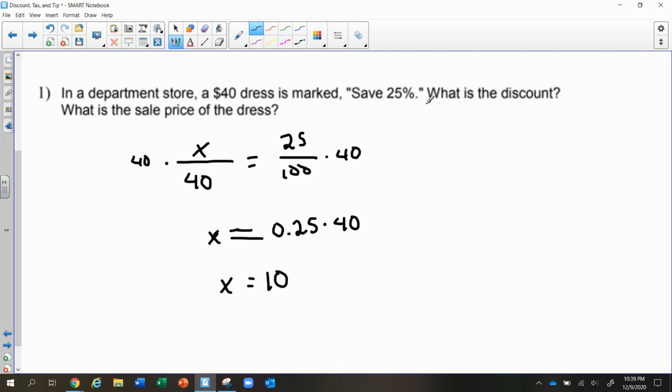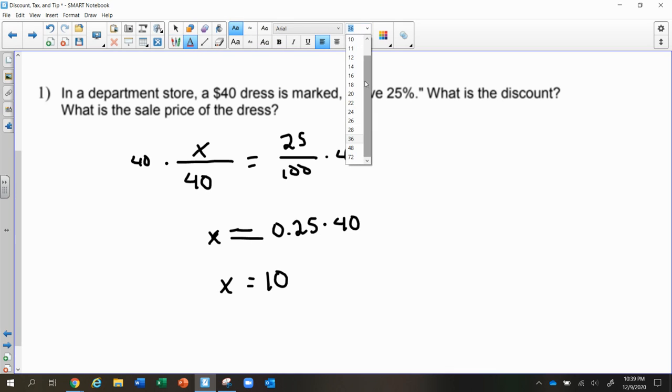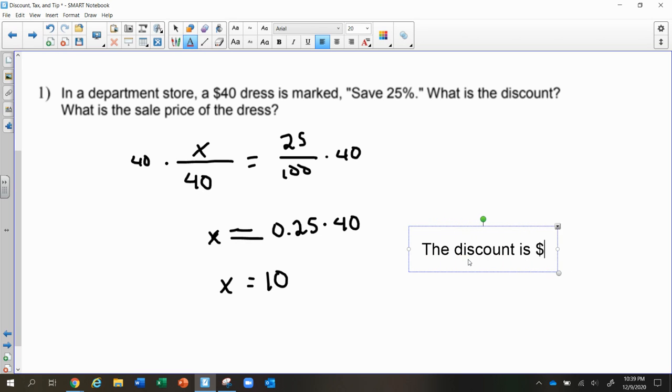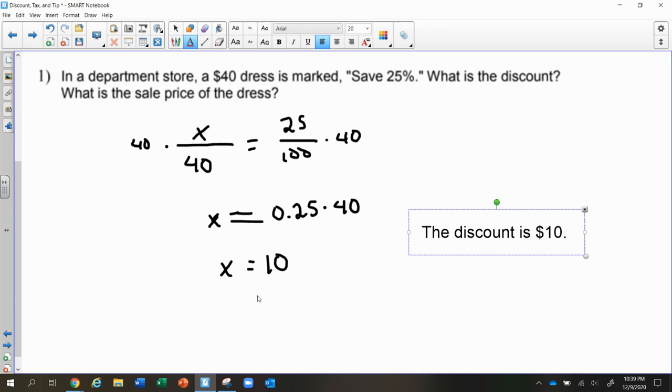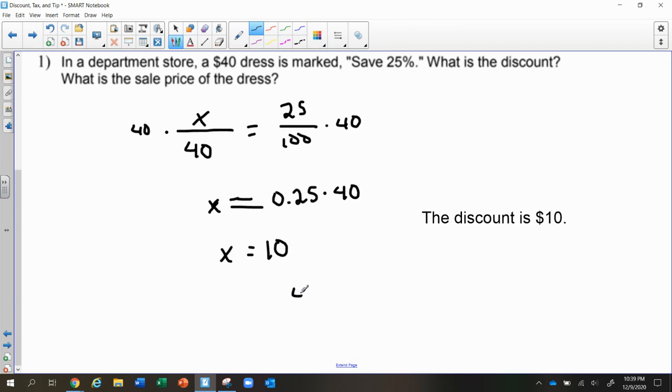So I do have two questions. This is what is the discount? So I would type out: the discount is $10. And then it says, what is the sale price of the dress? So the sale price is 40 minus 10, which is 30.